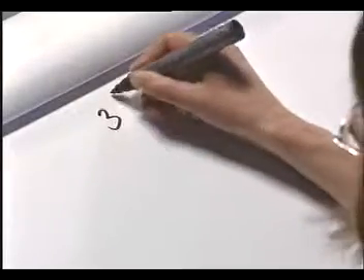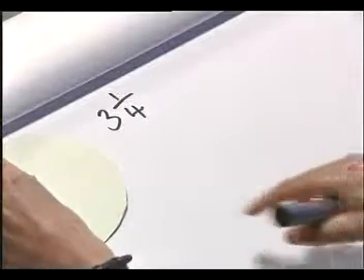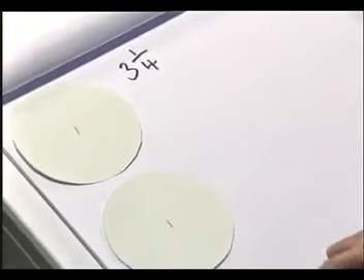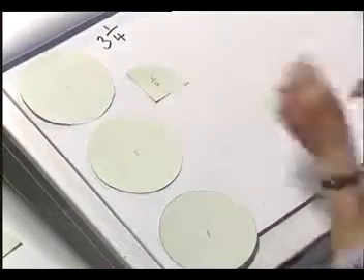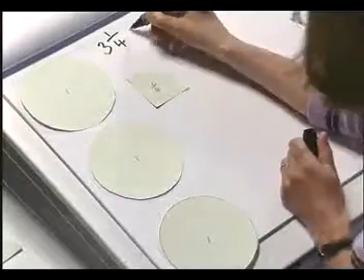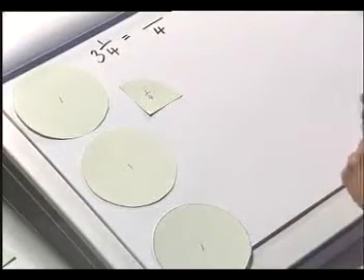Now, let's have a look at doing the reverse process. So if we start with a mixed fraction, how do we turn it into an improper fraction? Let's look at 3 and 1/4. If we look at this visually, we've got 3 whole ones and 1/4. What we want to turn it into is all quarters.